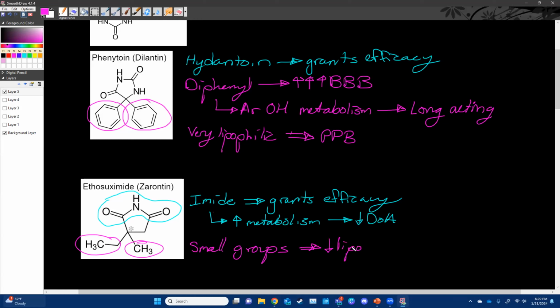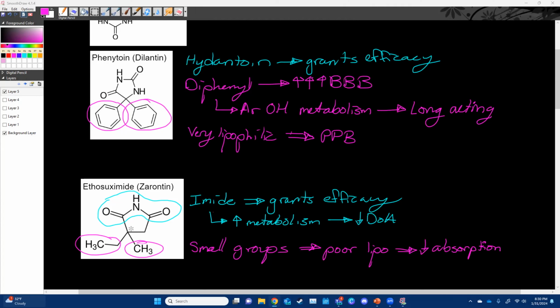So in ethosuximide, because we have very, very small groups, which means that we don't have very good lipophilicity, I should just say it is poor lipophilicity. This means that we have decreased absorption. It also means that it's not going to penetrate into the brain very well.